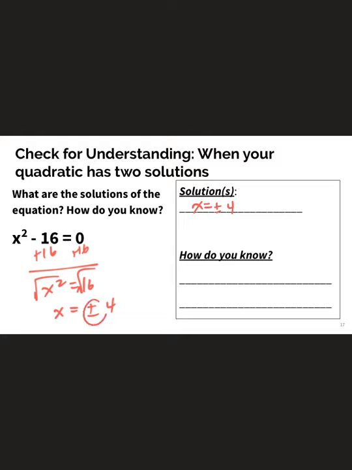And remember that this plus or minus tells me that I have two solutions, right? So this is my first solution, x equals positive 4, and my second solution would be x equals negative 4. But instead of writing all that out, I can just use this handy symbol, plus or minus.